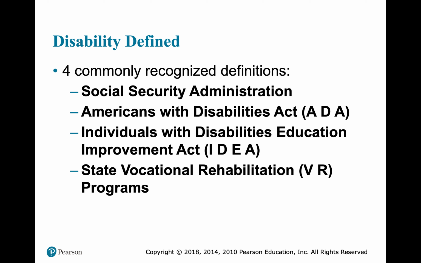And then the last one is state vocational rehabilitation programs. So here, disability is a physical or mental impairment that cannot be acute or of an emergency nature, so to speak chronic, and must be stable or slowly progressive. So that's kind of a breakdown of our major ways of defining disability depending on what we're working with.